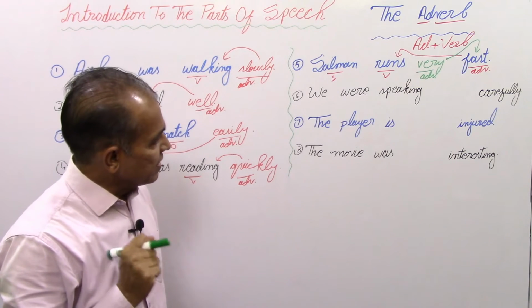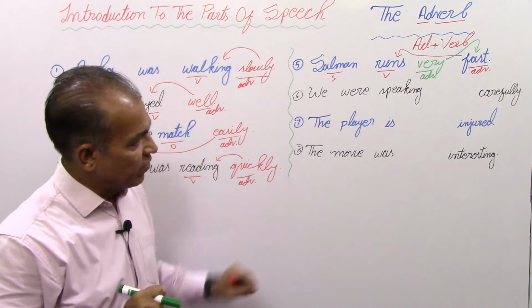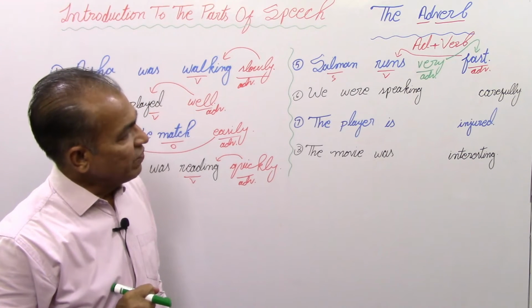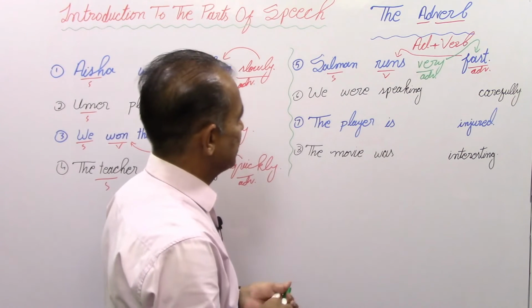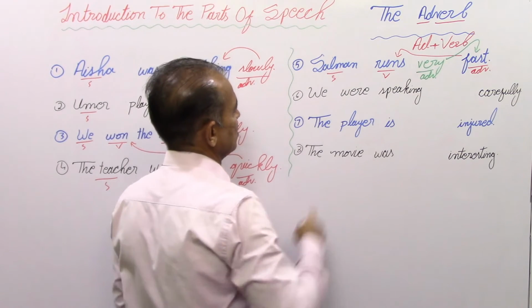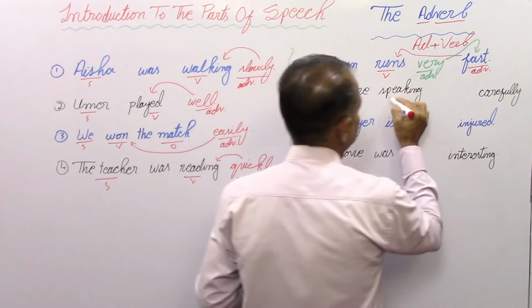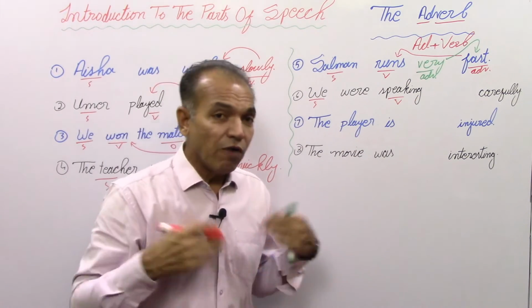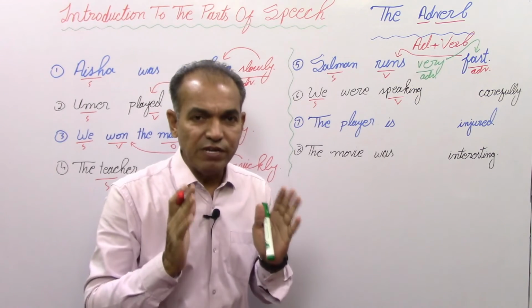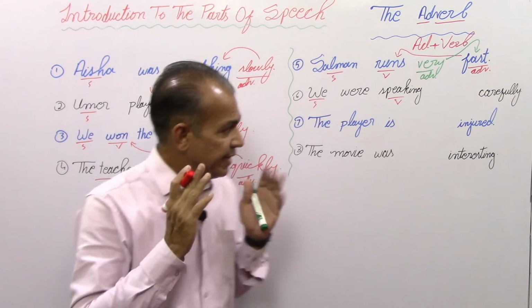The 6th sentence and the second example of adverb modifying another adverb. We were speaking. Okay, we went somewhere and there we were speaking. So we are the subject and speak is the verb. So we were speaking. How were we speaking there? We were speaking carefully.